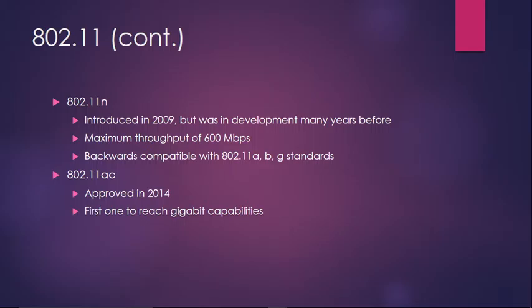It was the first one to reach gigabit capabilities. This is really good for how speeds are coming up now, because 5 to 10 years ago our fastest was like 10, 15 megs, and now we're seeing Google Fiber, which offers a gig download speed and a gig upload. So this is really helpful.